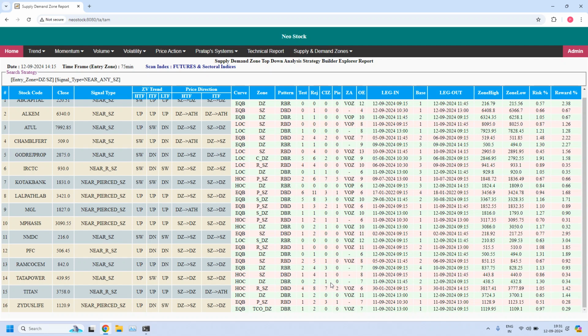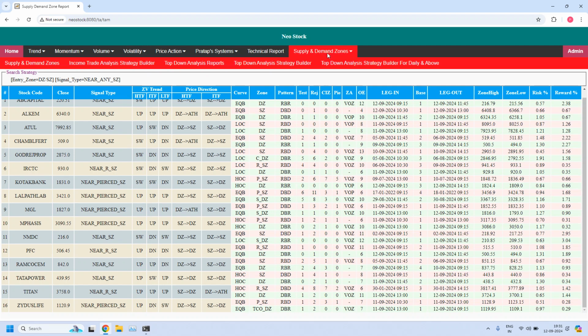So that's it. Total we have identified 2 high liquidity 75-minute supply zones from this list. Third one is invalid. Okay, this is about high liquidity zones from daily and 75 minutes time frames.